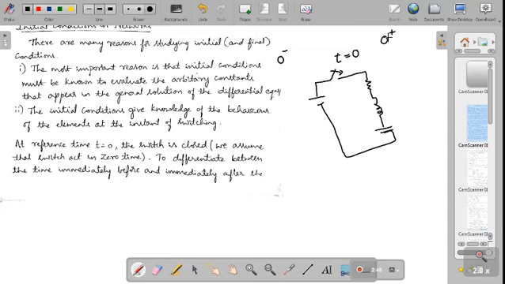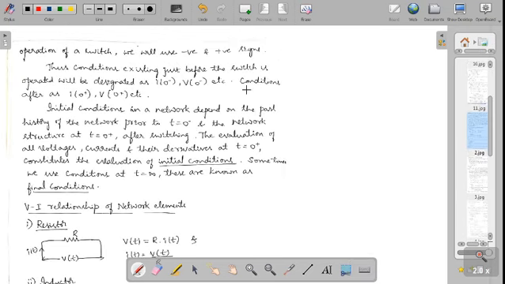The immediate time before the switch is closed is called 0 minus. So to differentiate between the time immediately before, 0 minus, and immediately after, 0 plus, these are the initial assumptions which we need to make.